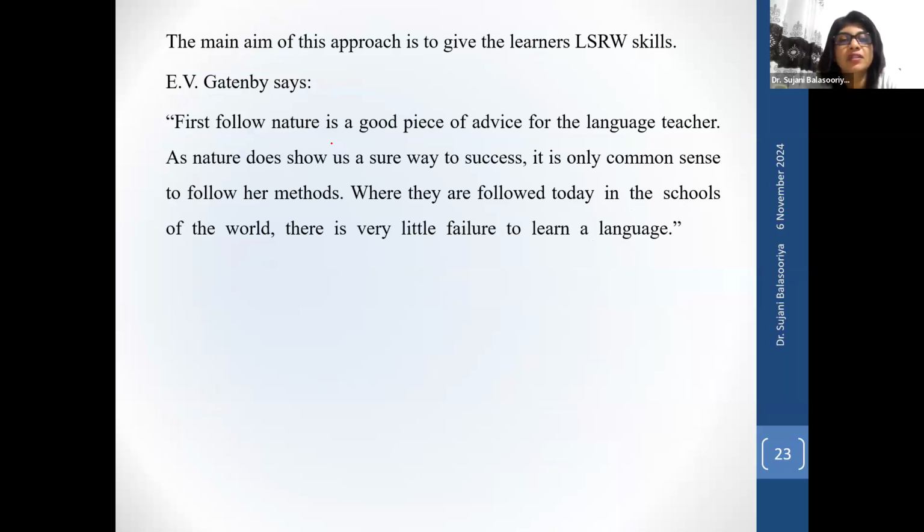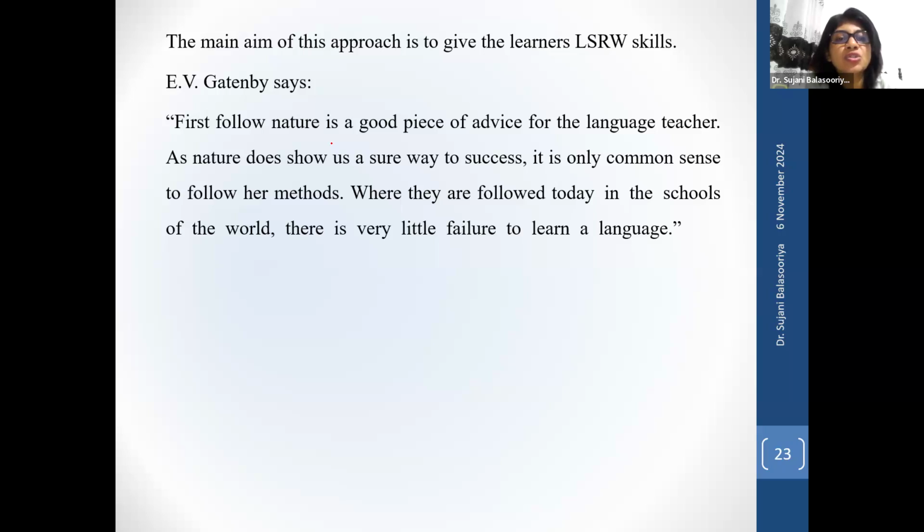And you have another idea by E.V. Gattenby, right? E.V. Gattenby. Yes, you can go through this line once. First, follow nature is a good piece of advice for the language teacher, right?